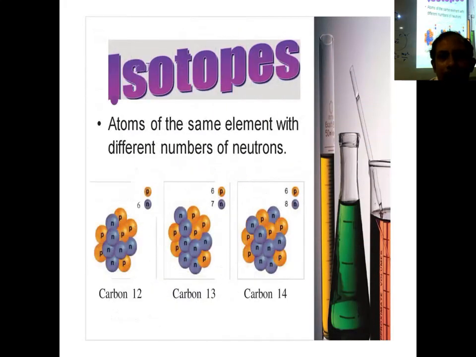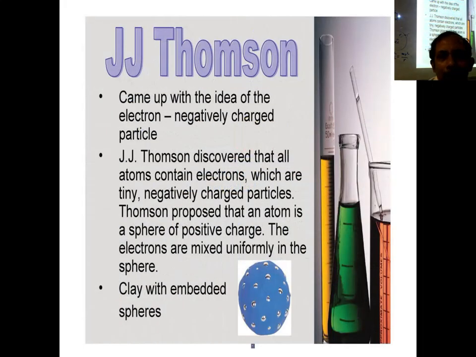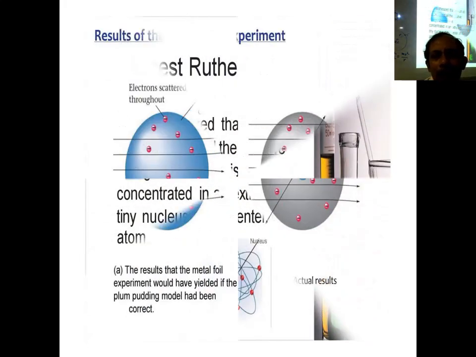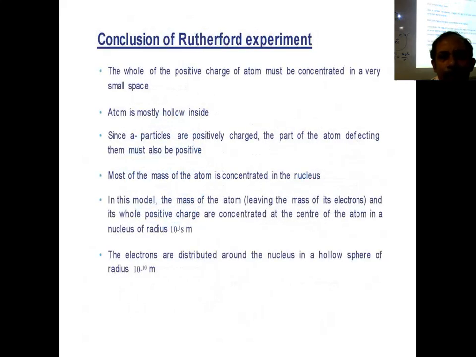Rutherford. These things are already discussed, so skip the Thomson model. This is Rutherford. So this is the experiment and the results of the experiment. And from the experiment, what are the conclusions? It is written there. Most of the space inside the atom is empty.